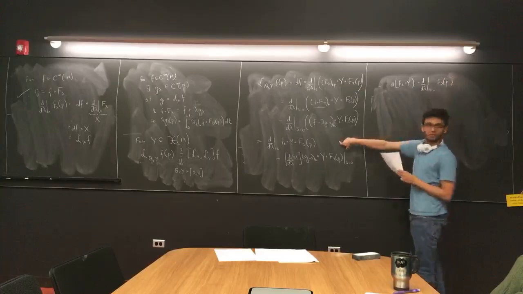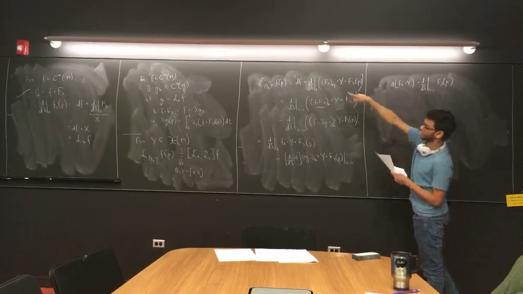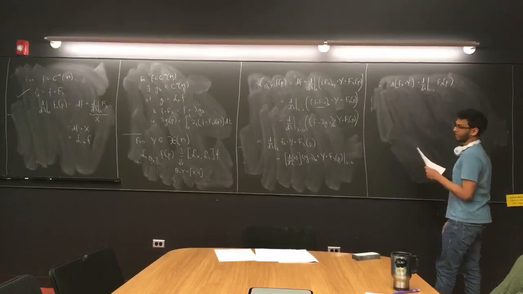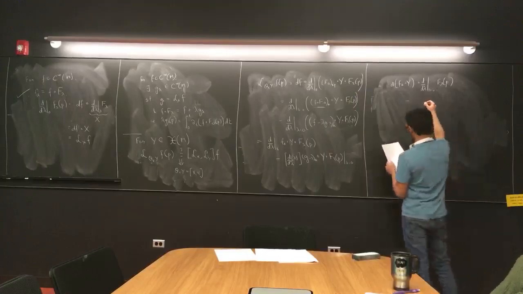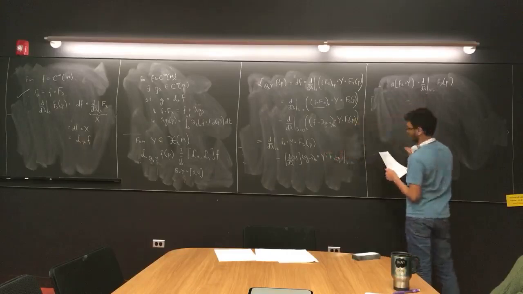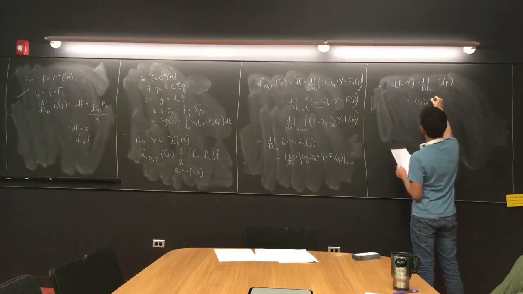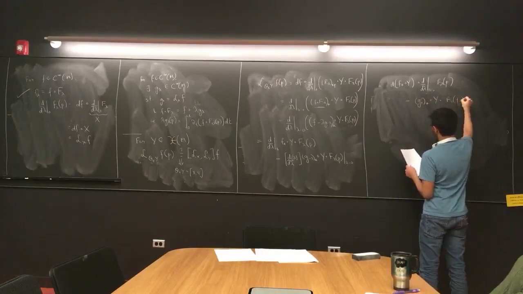That's the first term, which is basically doing the reverse of what we did on the first line. Minus, d by d lambda of lambda is just 1, so g0 star composed with y composed with f0 of p.